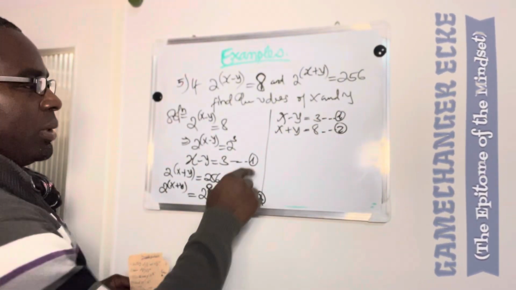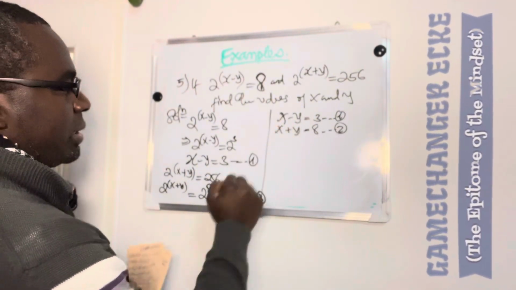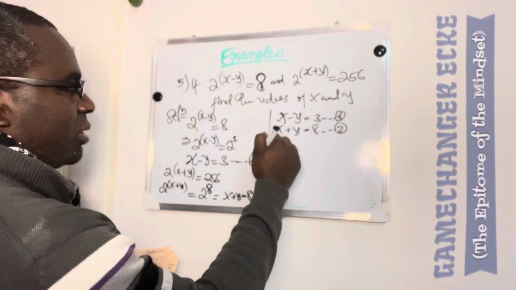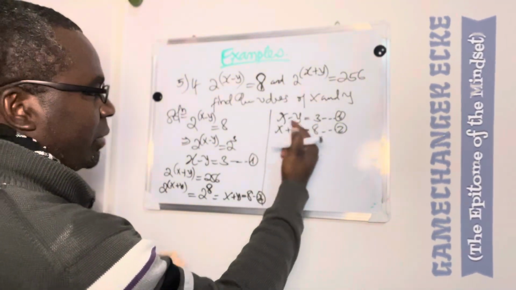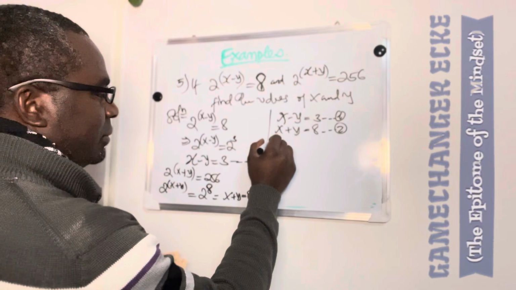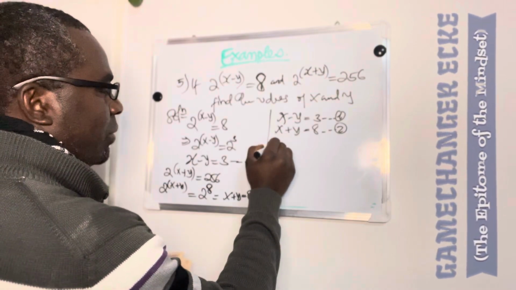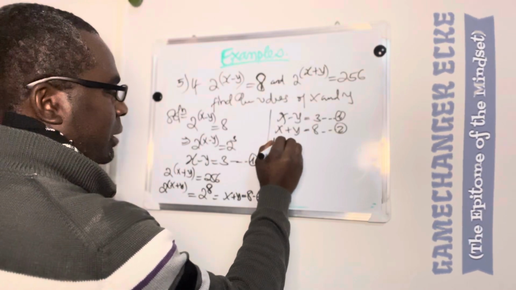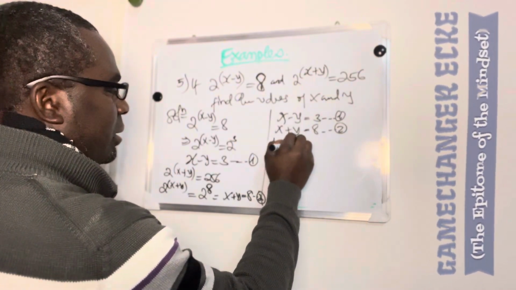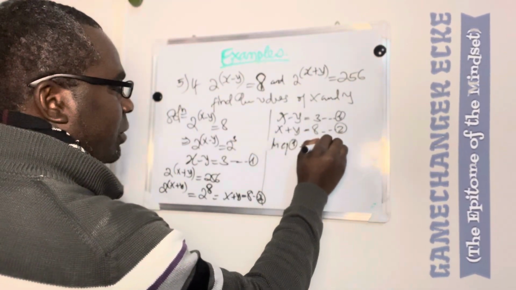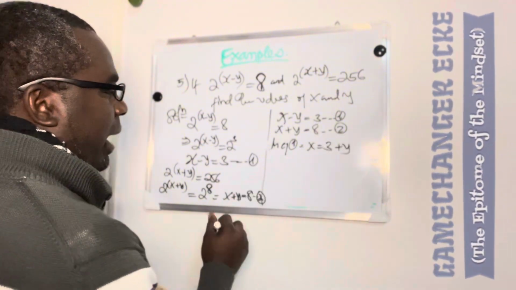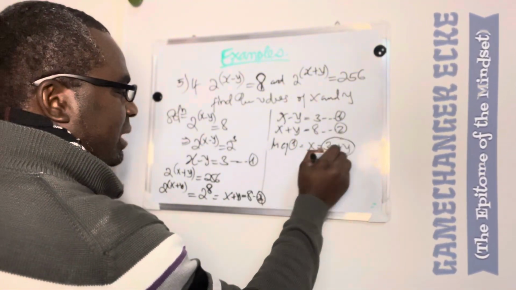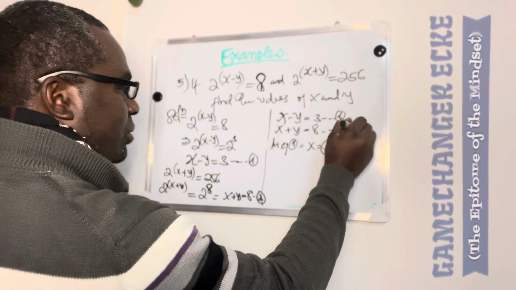We are going to make x the subject in equation 1. So x is equal to 3 plus y. We now take this value of x and substitute it into equation 2.